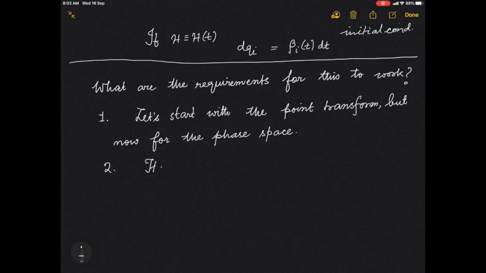Okay. And let us also assume the Hamiltonian is independent of time. This is just for simplicity to start with.